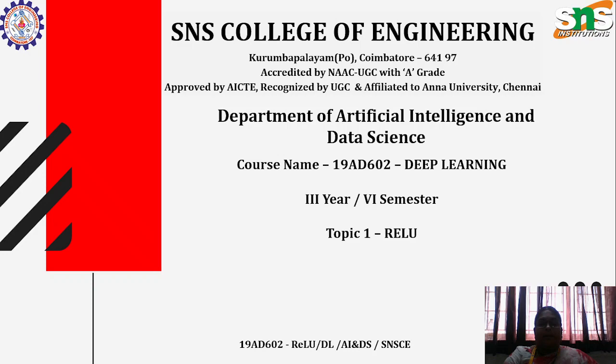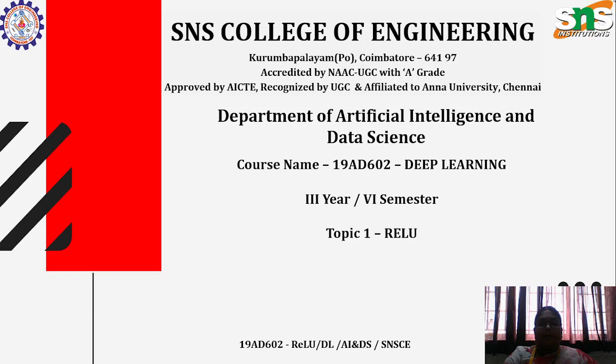In deep learning, we'll be seeing the continuation of my previous lecture series, in which I explained the AlexNet architecture, where we use ReLU, the rectified linear unit. What is the advantage of using ReLU in the convolutional neural network?